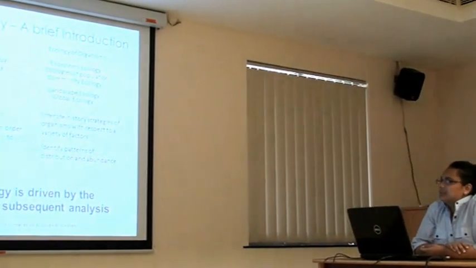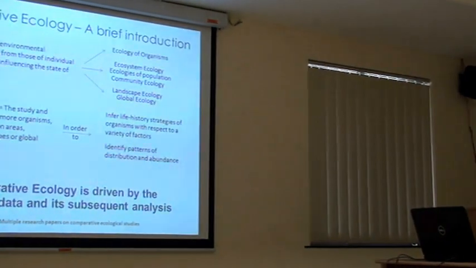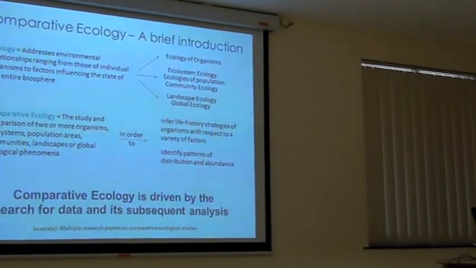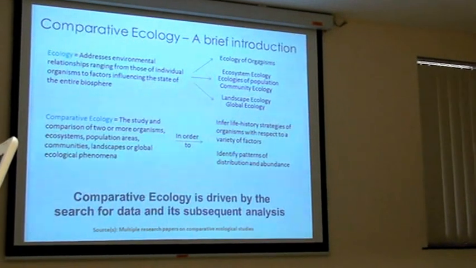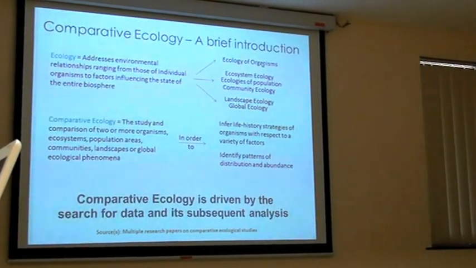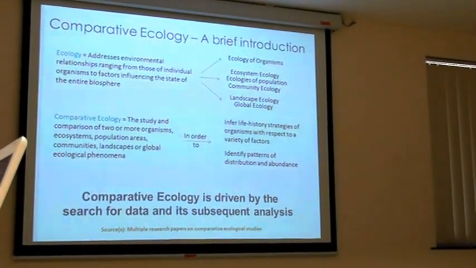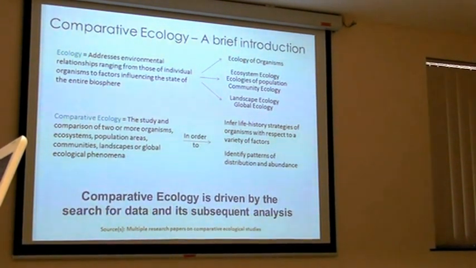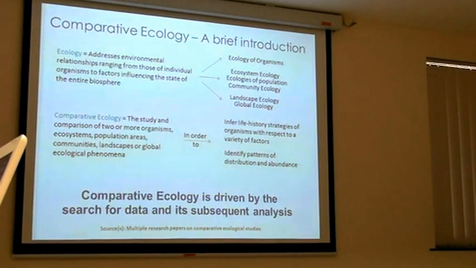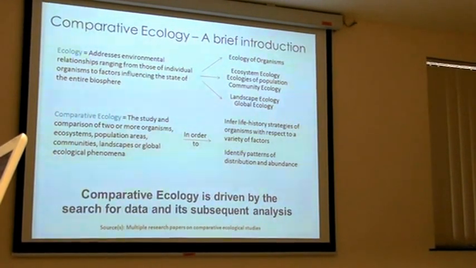In general, there are 6 types of ecology that can be identified. I'm just going to point you to it. You've got the ecology of organisms, which could be plants, animals, humans, any living thing. And you've got the ecology of ecosystems, ecologies of population, community ecologies.